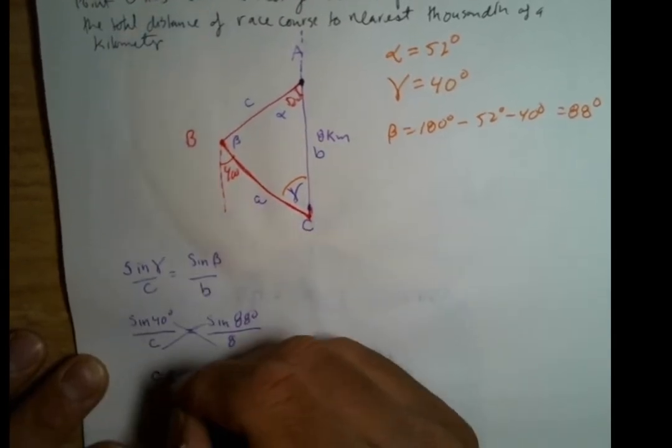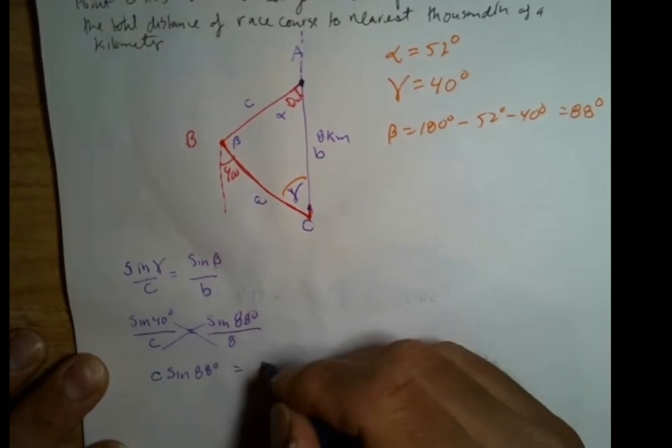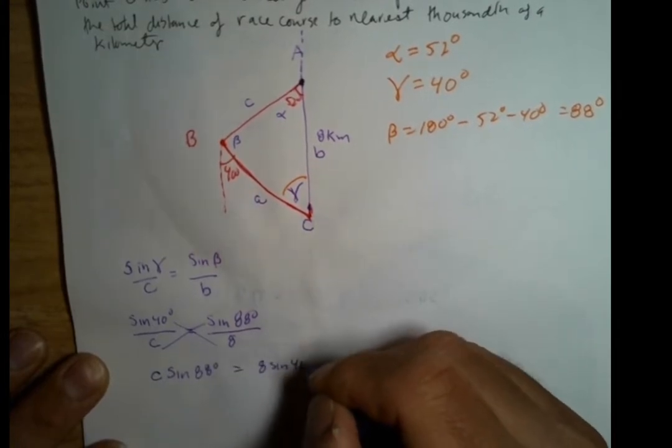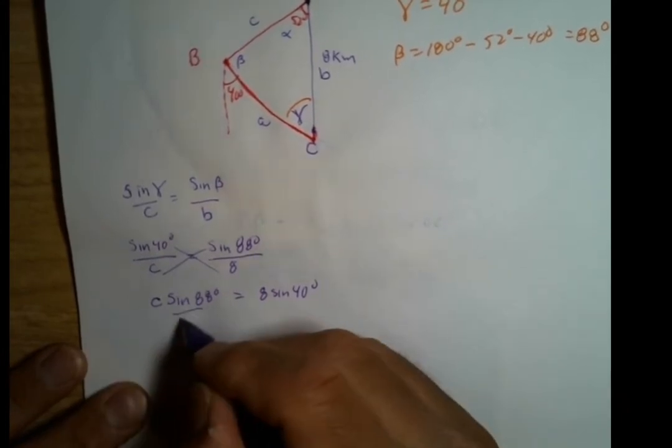Cross multiply, so c sine of 88 degrees equals 8 sine of 40 degrees. I'll hold off plugging anything in until the last step.